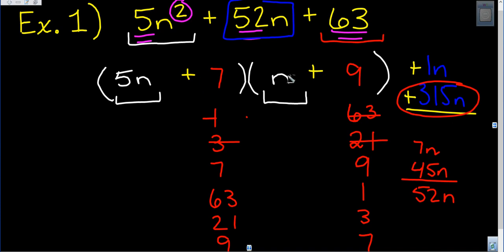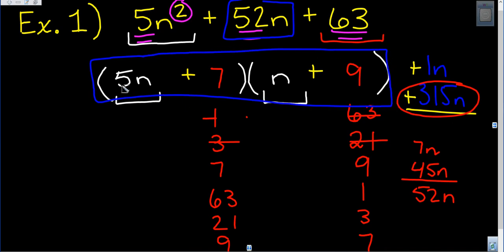I already determined that my signs would both be positive, and this is the answer. If I multiplied those two binomials back together, I would get 5n squared. 7 times 9 is 63. 7n plus a 9 times 5n, which is 45n, would give me 52n.